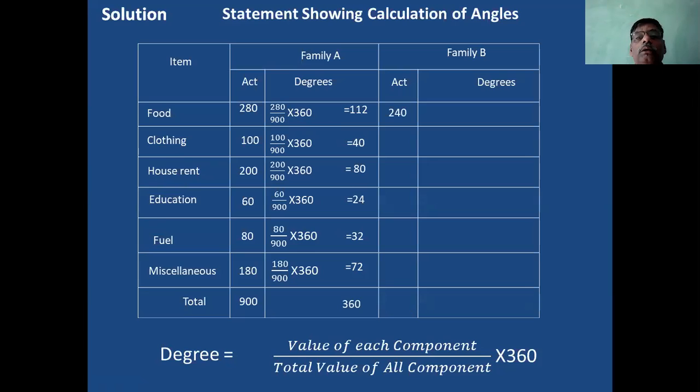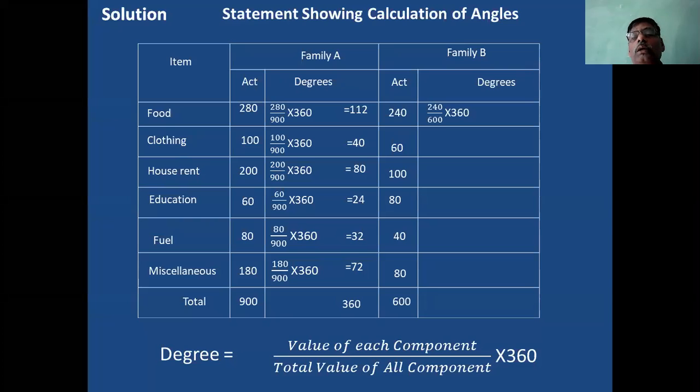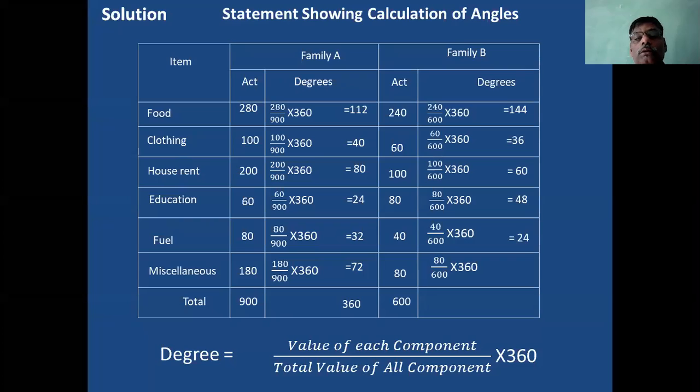In the same way, family B, actual values 240, 60, 100, 80, 40, 80, 600 total. Calculate the degree: 240 divided by 600 into 360 is 144. Second, 36. Third, 60. Fourth, 48. Next, 24. Last, 48. Like this, you calculate the degree; the total must be 360.